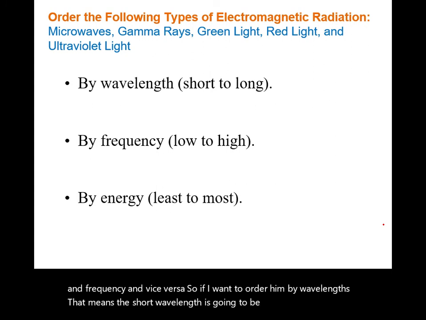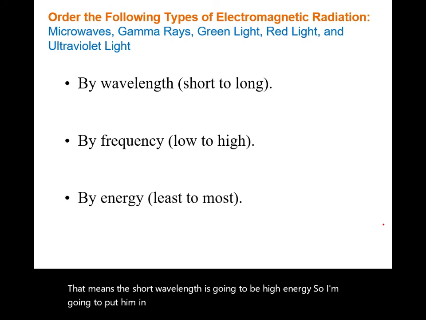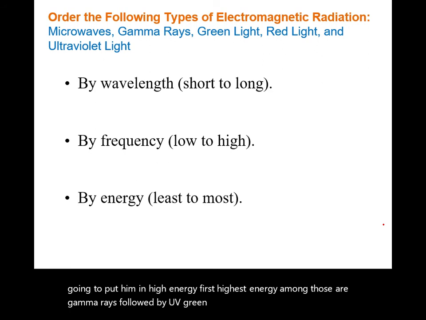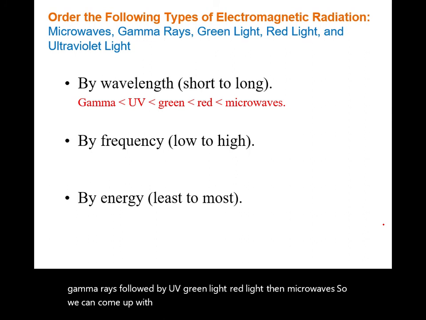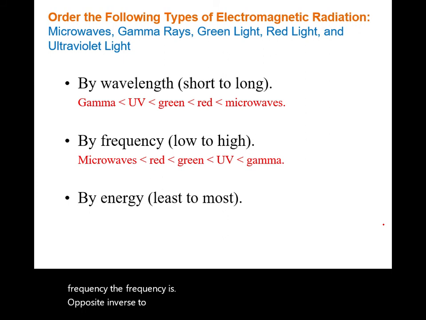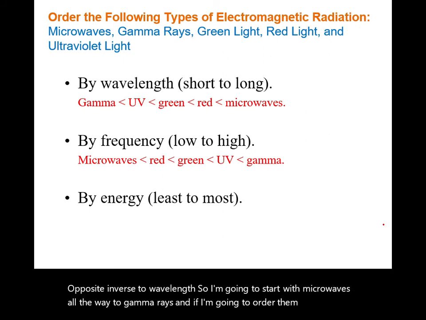So I'm going to put high energy first. Highest energy among those are gamma rays, followed by UV, green light, red light, then microwaves. So we can come up with the following. Now, if I want to order them by frequency, the frequency is opposite, inverse to wavelength. So I'm going to start with microwaves all the way to gamma rays. And if I'm going to order them by energy, it'll be the same as frequency.